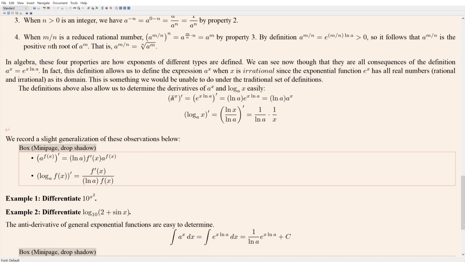So in particular, a to the power x is e to the x log a. So if we want to differentiate this, well, what's the rule for differentiating exponentials? You just leave it alone, right? Leave it alone. And then multiply it by the derivative of the exponent.